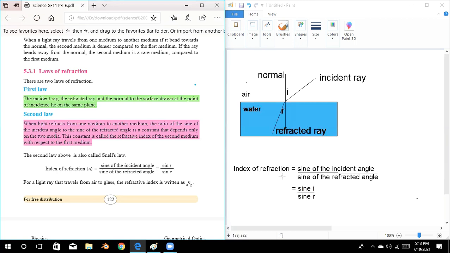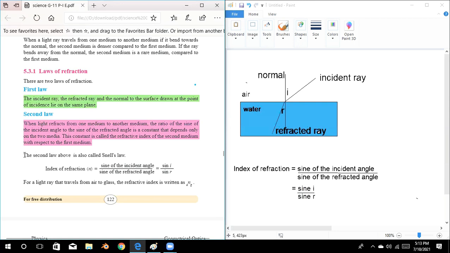The ratio of the sines of the angles is constant for the two media, and that we call the index of refraction, or refractive index.